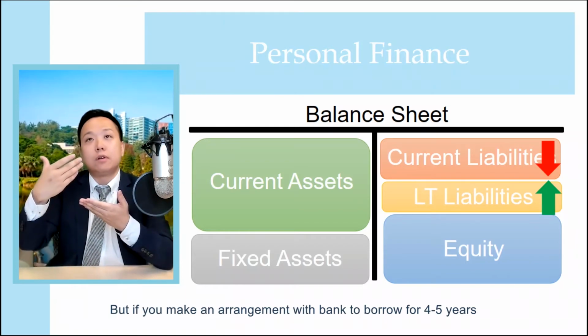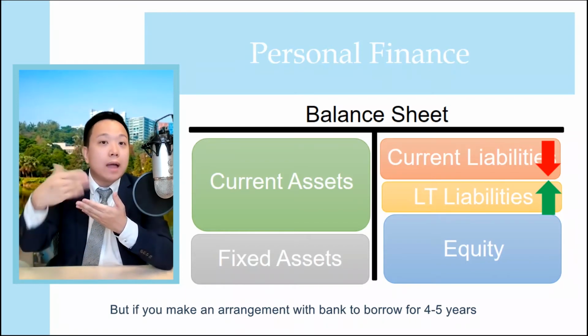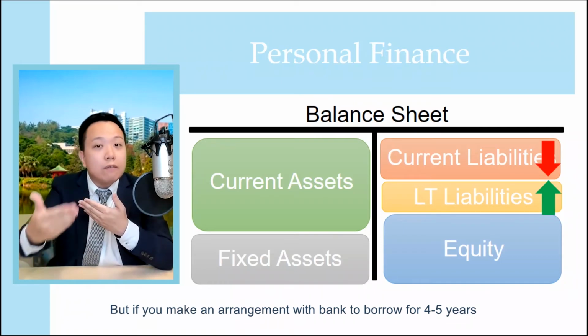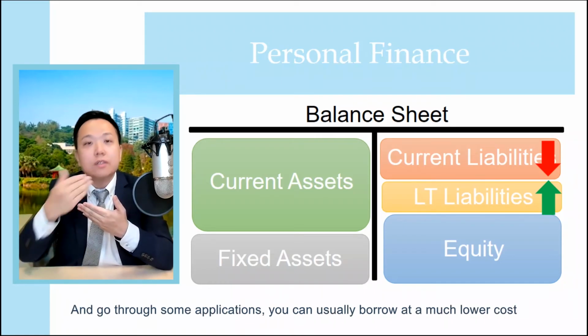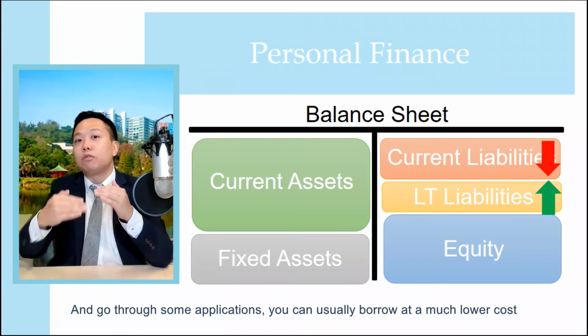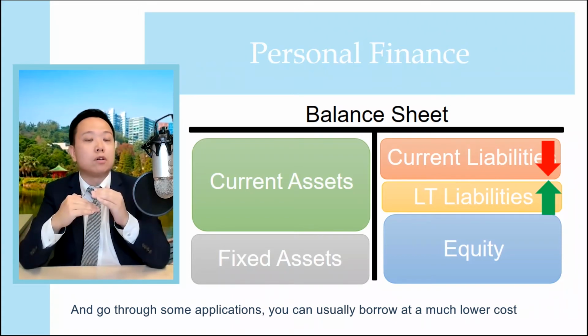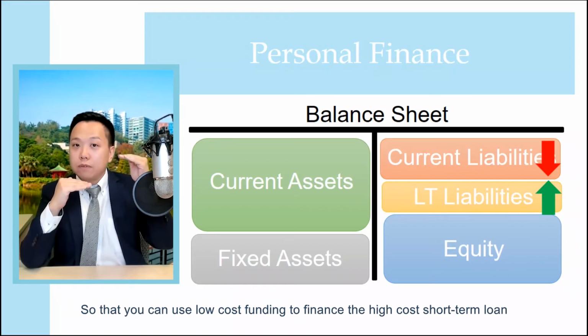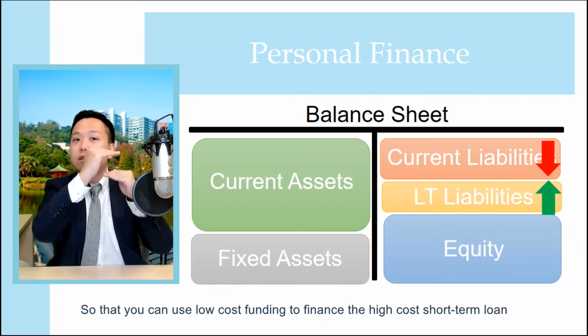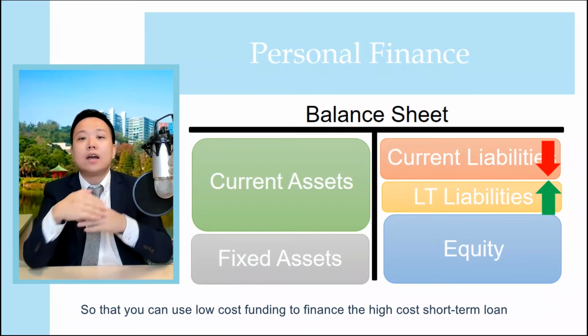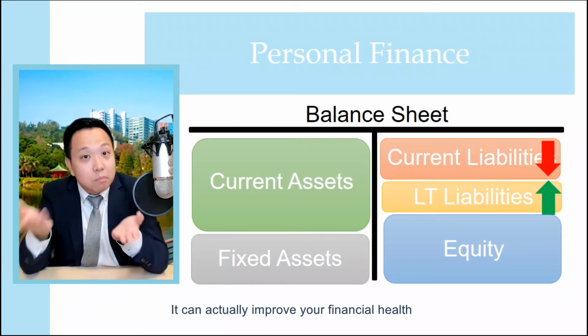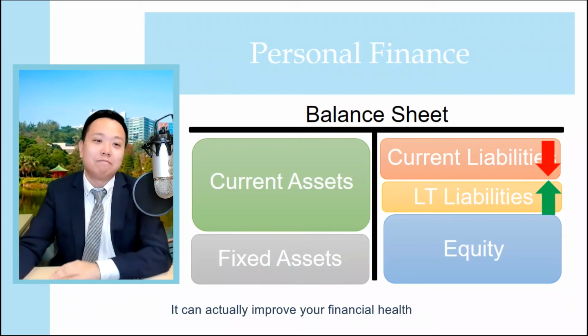But if you, let's say, make an agreement with a bank to borrow for 4 to 5 years and go through some application, usually you can borrow the money at a much lower cost, and then you use the low-cost funding to finance the high-cost short-term loan. It can actually improve your financial health.